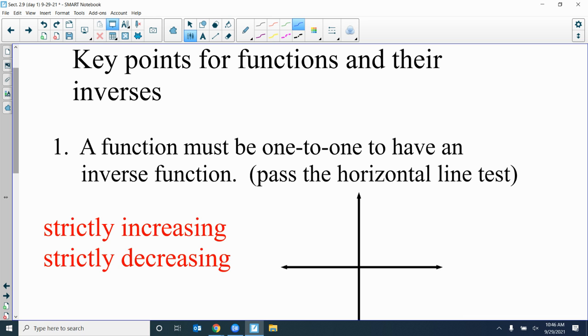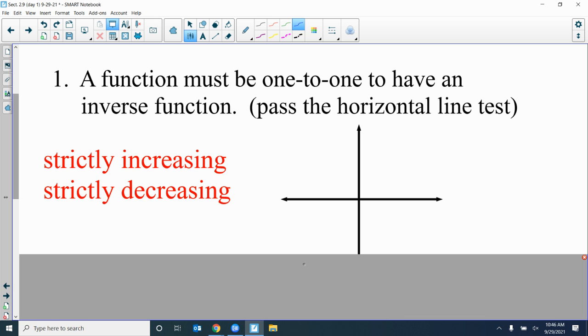It's a detail that is important, but it doesn't restrict you from getting an inverse. You can still get an inverse, it's just not a function. I know this isn't on your guided notes, but all that means is it's strictly increasing or strictly decreasing. That's the only way you can get, only these graphs have inverse functions. Cannot have a peak or a valley.